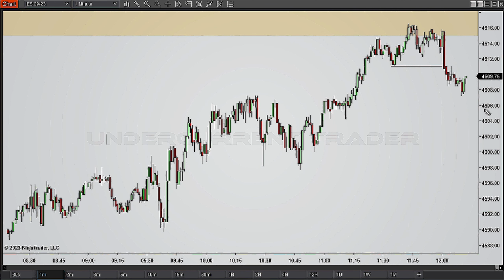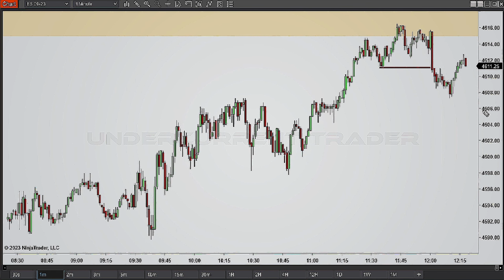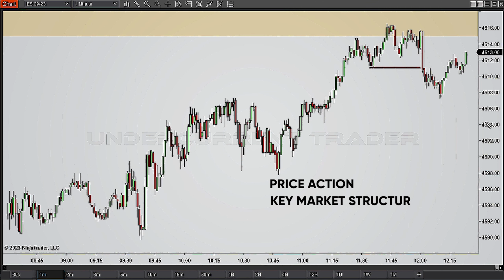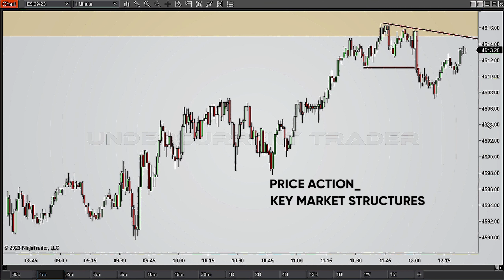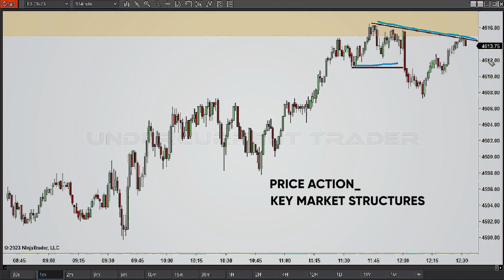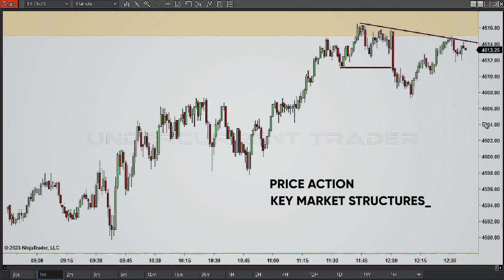Now, when it comes to analyzing the market, my preferred approach, as I'm sure you have noticed, is to use price action and identify key market structures. I do believe that combining these two elements with other confirming technical factors can create a winning formula for entering trades with a high probability of success.